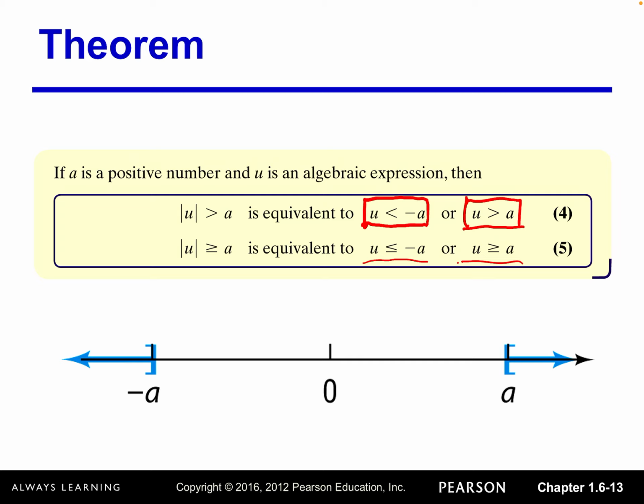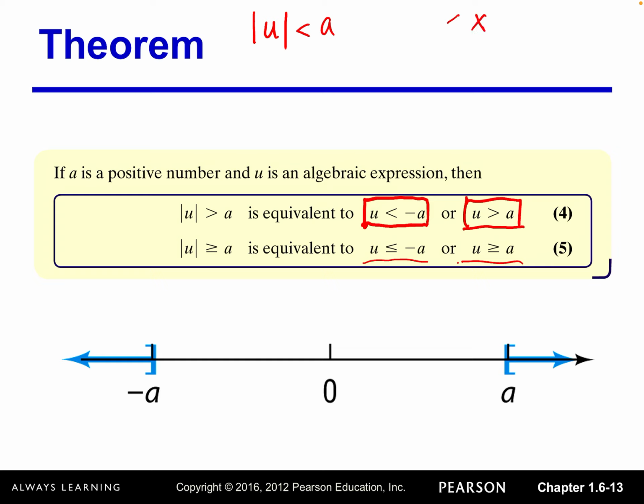Okay, so can you compare the two cases for inequality? Let me repeat it one more time. For absolute value involved inequality, when the inequality symbol is less than, the solution set is a combined inequality.